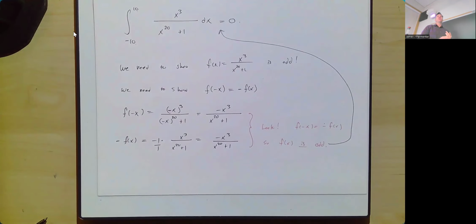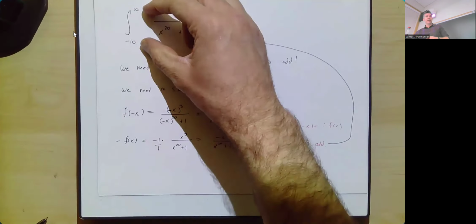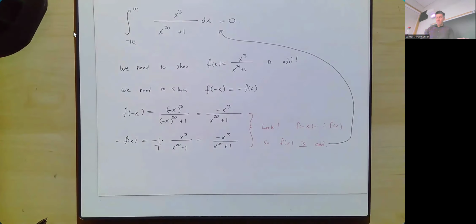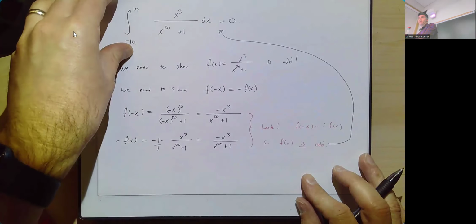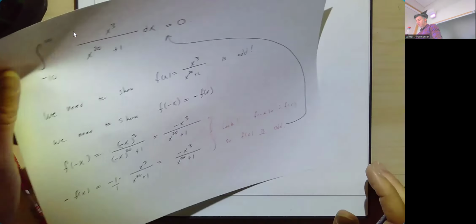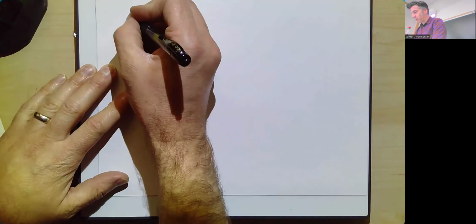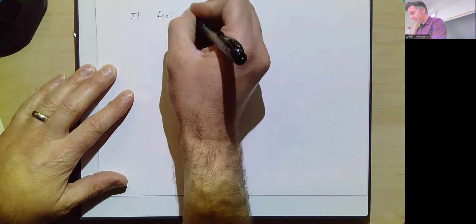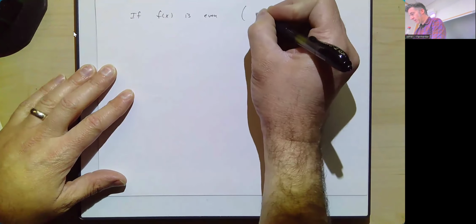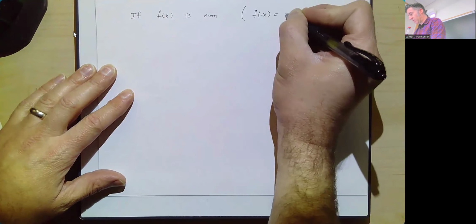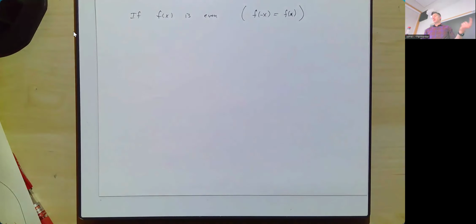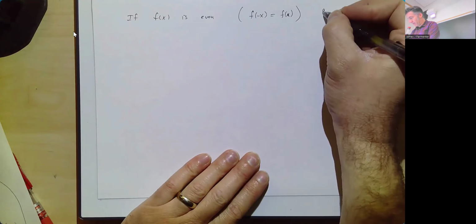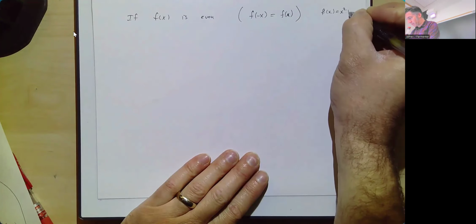There's a less useful, but still slightly useful thing that's true about limits of integration like this when the function is even. So here's what's true. For an odd function, the integral from negative a to a is 0. On the other hand, if your function is even, which means that plugging in the opposite x value still gets you the same y value, so f of negative x is equal to f of x, the example you should think about is like f of x equal to x squared plus 1.